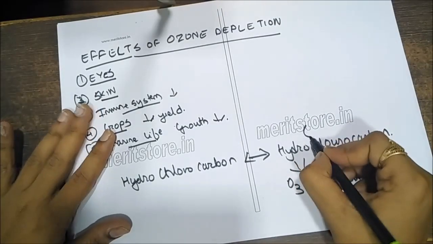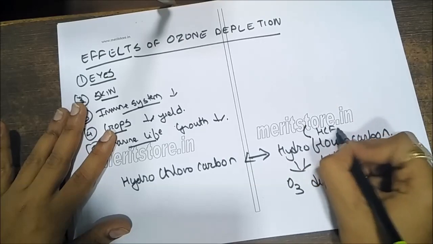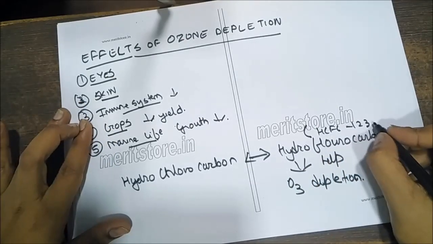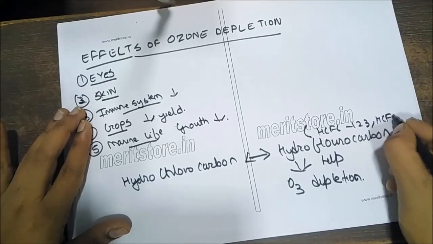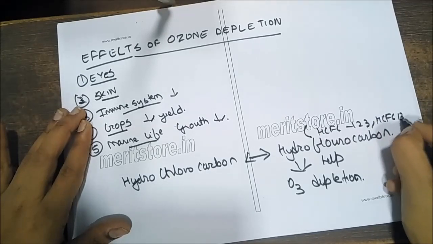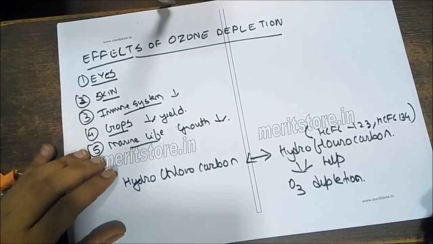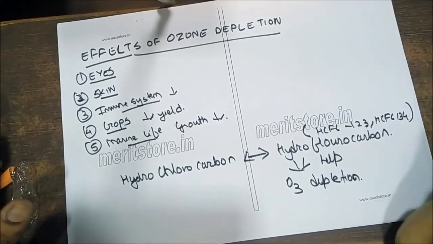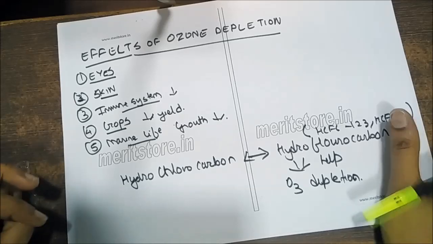So what are these hydrofluorocarbons? It can be HCFC 123. It can be HCFC 134, etc. All right. Now we have finished atmospheric pollution and stratospheric pollution.